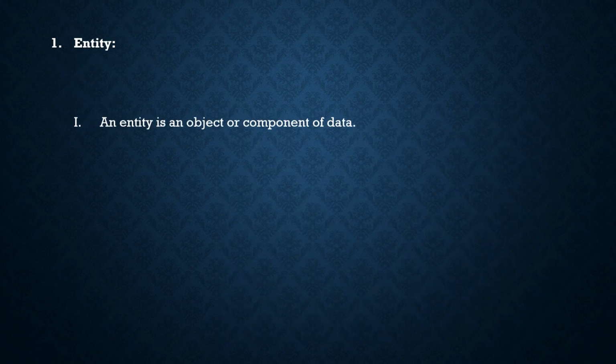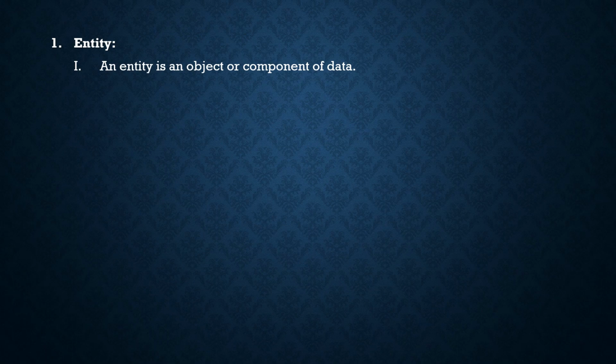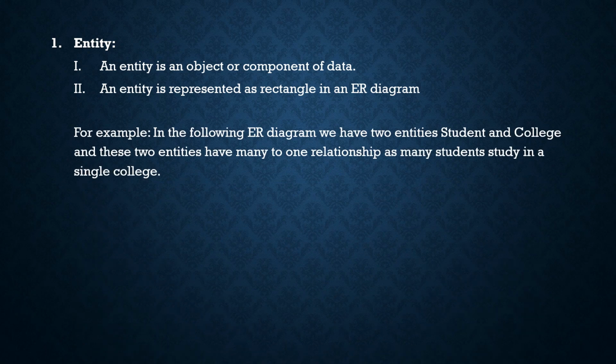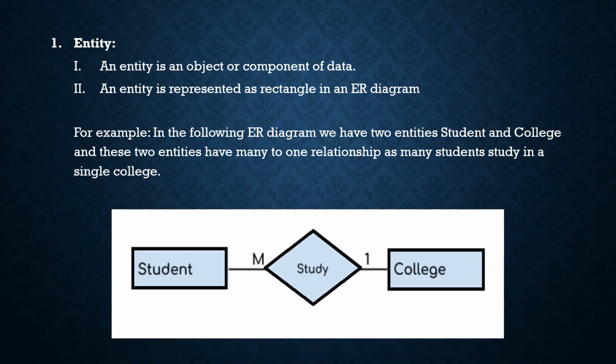See, first one is entity. So what do you mean by an entity? An entity is an object or component of data, and an entity is represented as a rectangle in an ER diagram. For example, in the following ER diagram, we have 2 entities, student and college, and these 2 entities have a many to one relationship, as many students study in a single college.